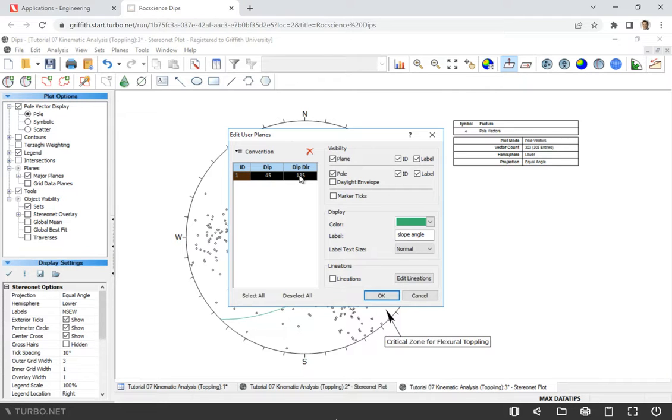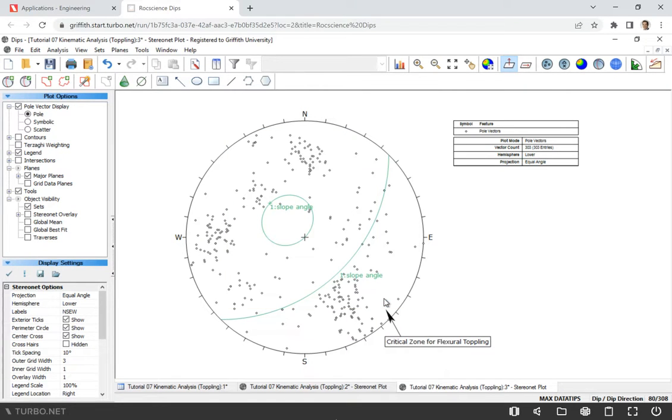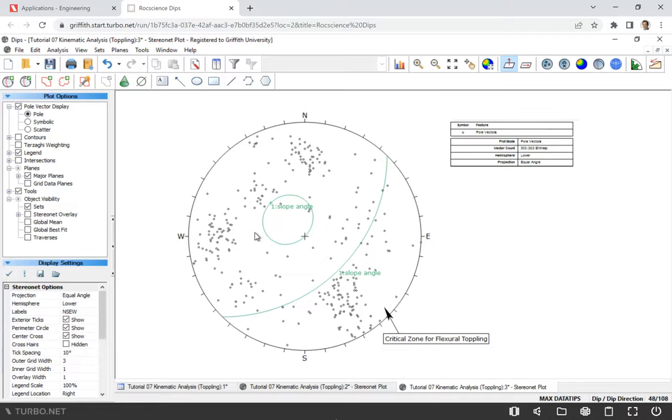There might be potential toppling if those discontinuities incline at a very high angle. So what we need to do first is modify this plane. I'm going to click the button that says daylight envelope, and OK. This will create this circle, and this circle will show us which discontinuities actually daylight, which means that they come to the surface.